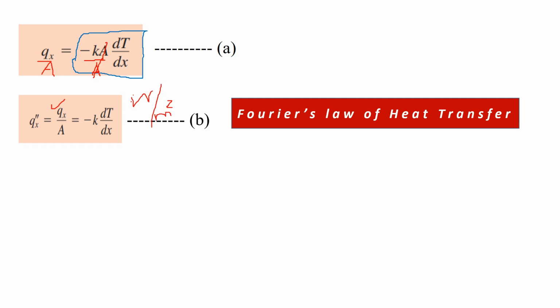So we get minus k dT by dx, and this is the equation of the flux.